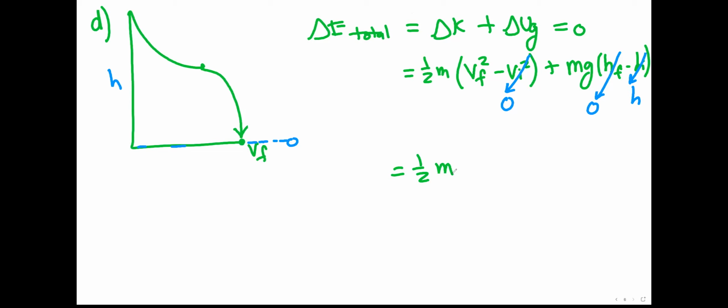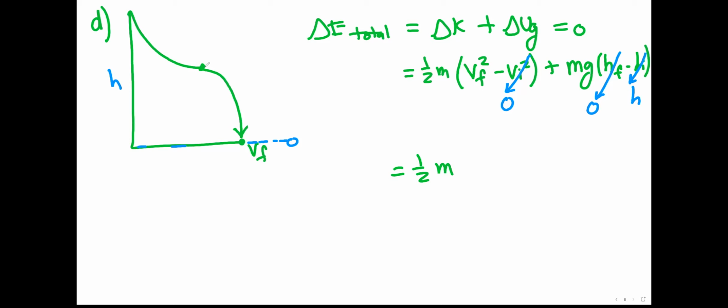I'm realizing that making the initial point the point of him letting go is kind of a bad idea. It was a good idea, but then you would have to include the square root of 2gh sine theta, and that's going to be very annoying. In that case you would have less potential energy at the beginning, but your kinetic energy is different.